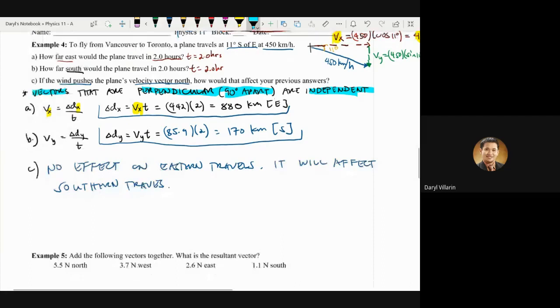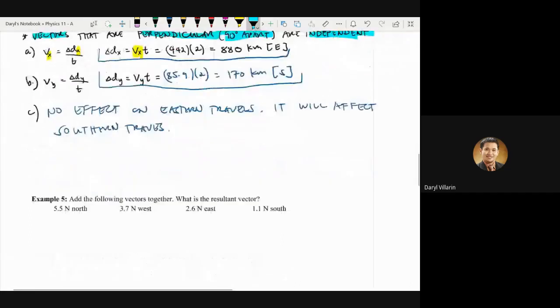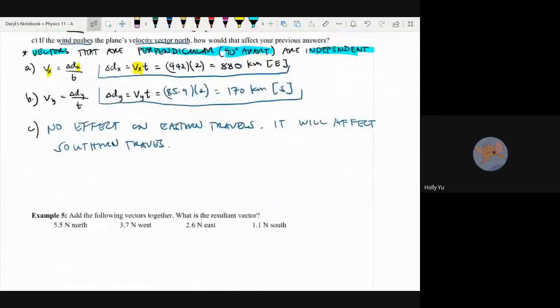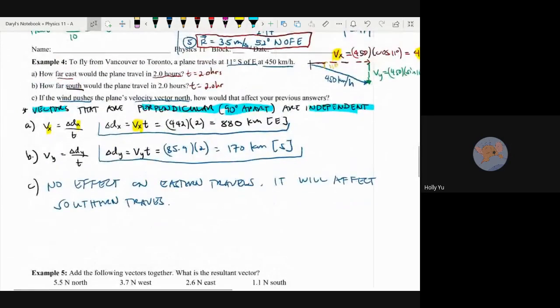Okay, so are there any questions with example number 4? Yeah, sir. For the answer, like question A, you just write the 880, but I don't know, is it about significant figures or something?